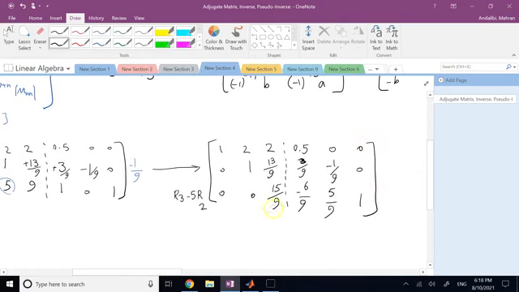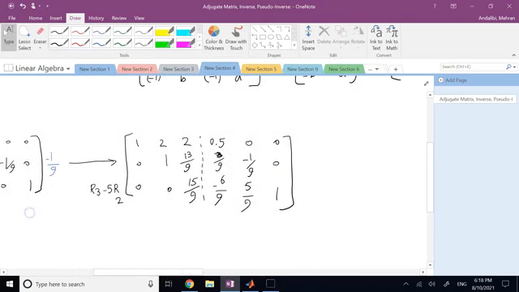Okay, so I'm getting closer and closer to making it an identity matrix on the left. But here again, you see it's 15 over 9, so now I have to multiply this last row by 9 over 15 to make that element a 1. So if I do so, this element becomes a 1. This element has to be negative 6 over 15.